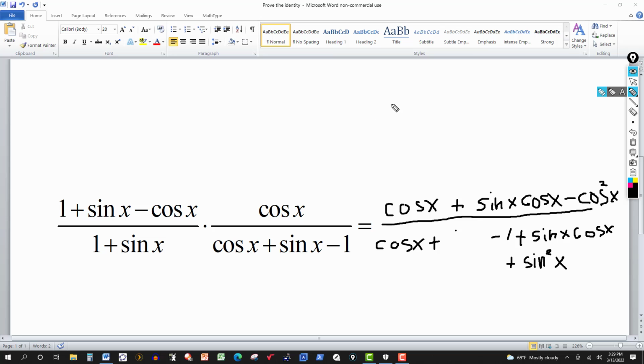So let me remind you here that in your basic identities, cosine squared x plus sine squared x is equal to 1.